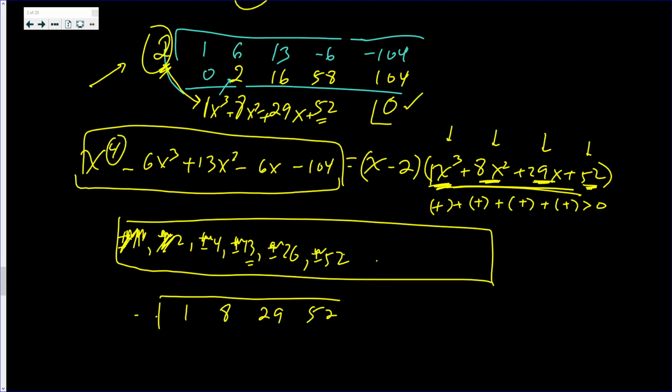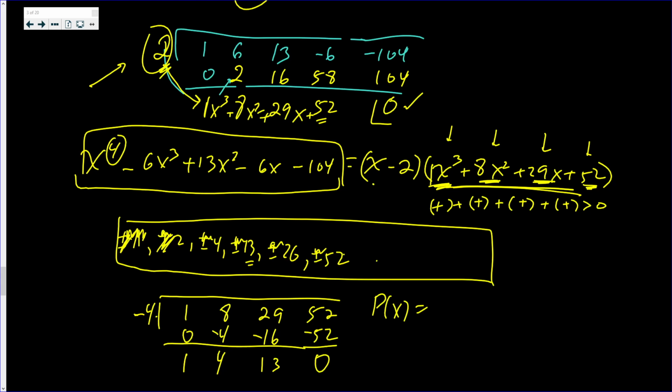Let us try -4. Add, multiply, add, multiply, add. Ooh, multiply. Actually, I thought that wasn't going to work. Multiply. We got 0. That is, our polynomial is x minus 2.